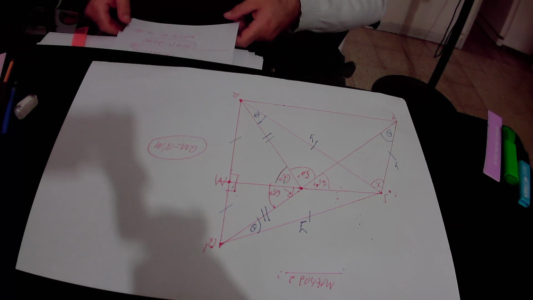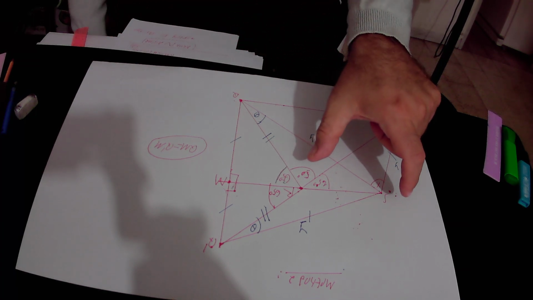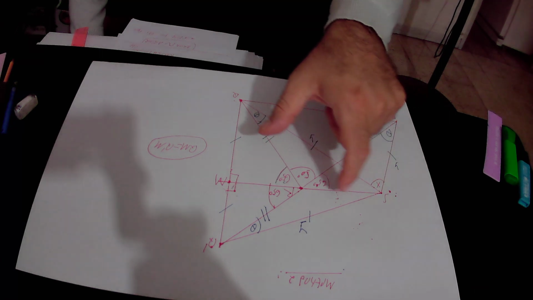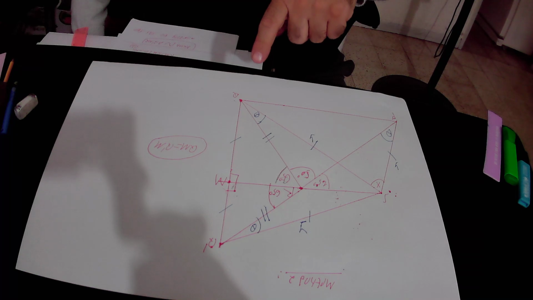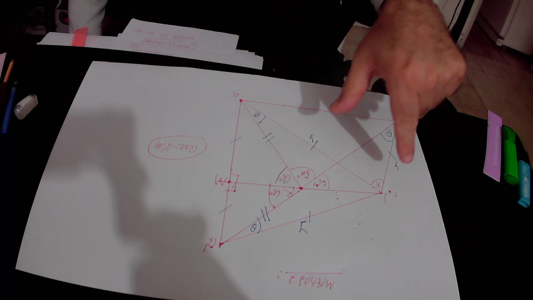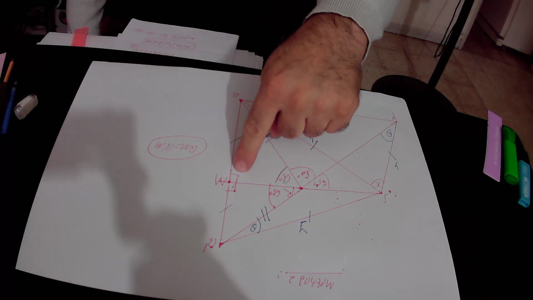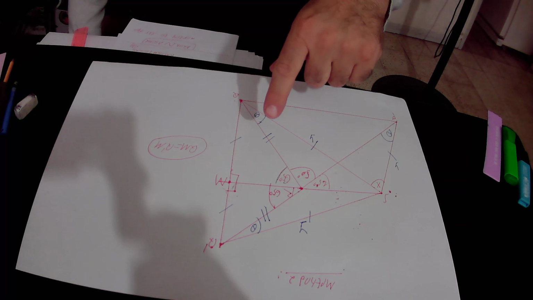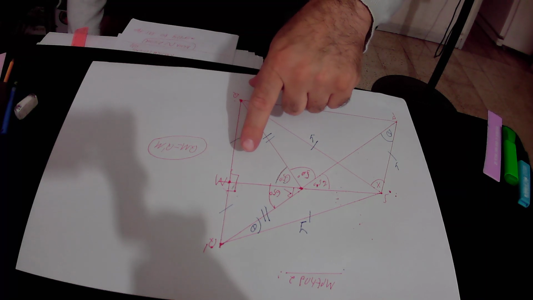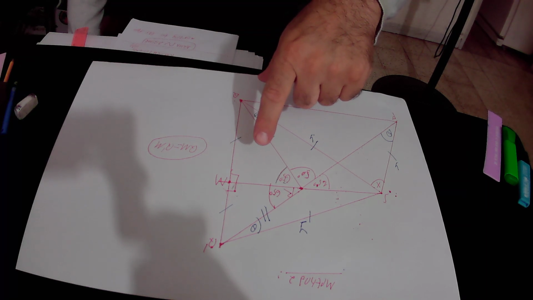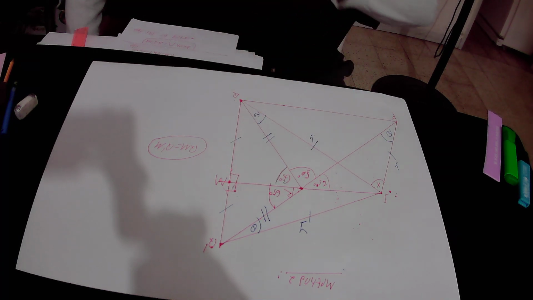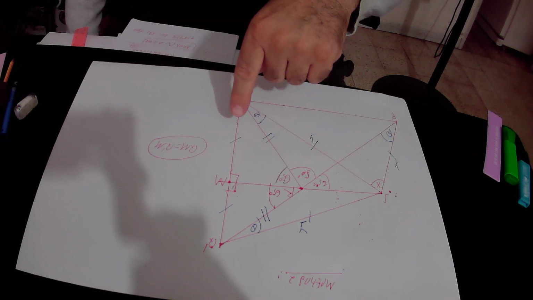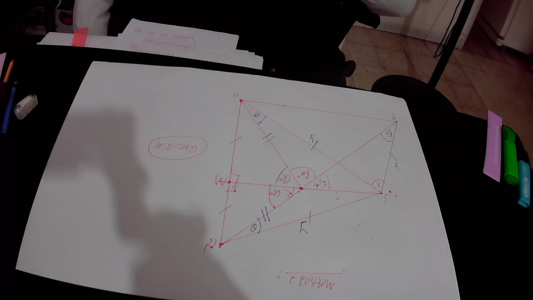We extended SR by a straight line, and then from point Q we drew a perpendicular to extended SR, so this angle is 90 degrees, and then we extended QM in such a way that Q dash M will be equal to QM. Okay, Q dash M equals QM according to our construction.